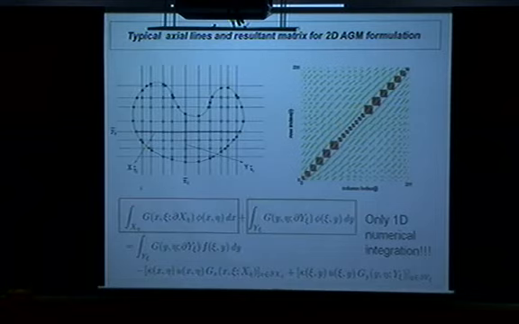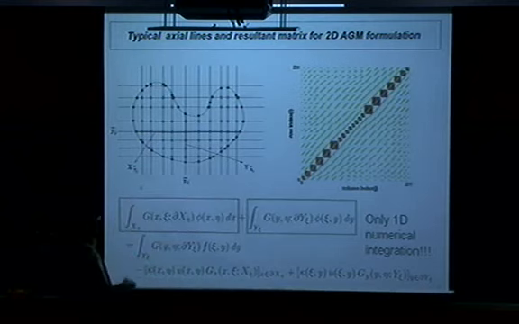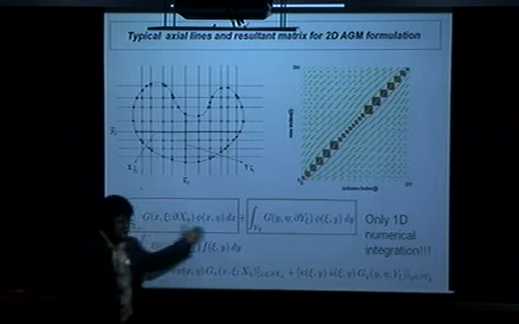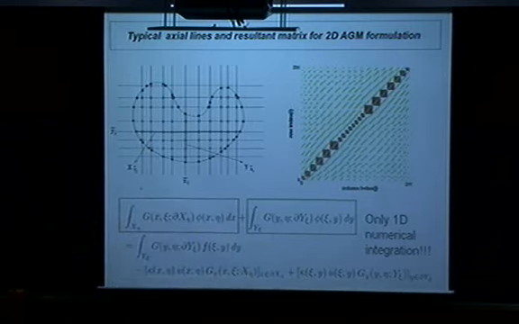On each axial line, at each cross point here, we have just one integral equation. It looks like that. This is the x eta axis line and the y eta axis line. Then we perform the numerical integration of this term and this term, and we make Ax equals b like that.